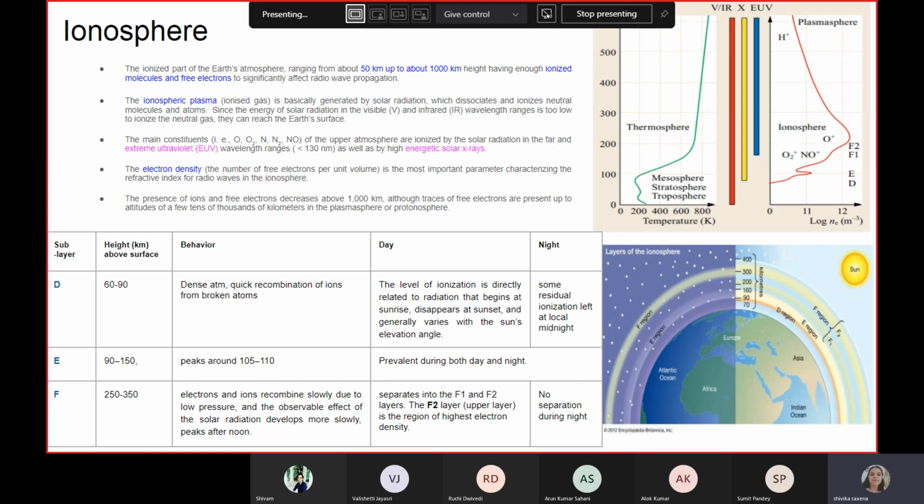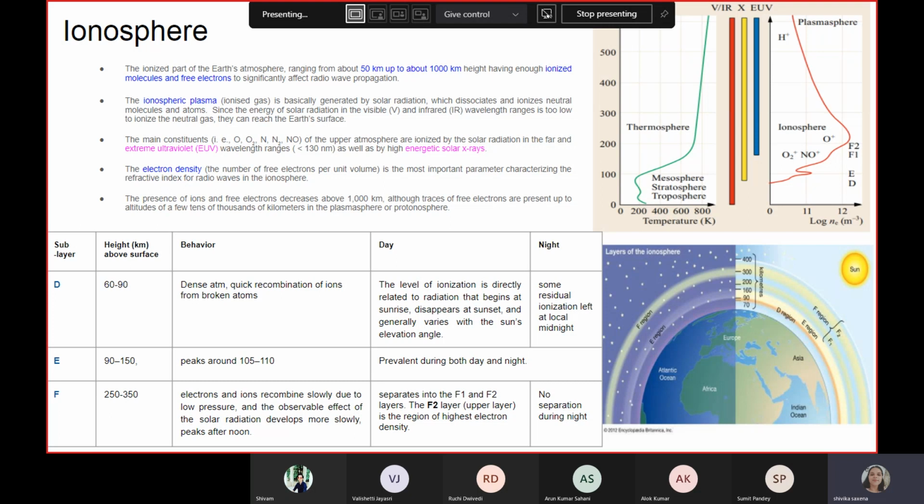Any residual ionization is in the E and F regions. These are the active ionized layers of the ionosphere which are still active during the night, when there is no solar energy interacting with the ionosphere. That is why we are seeing two pictures, one for night and one for day.